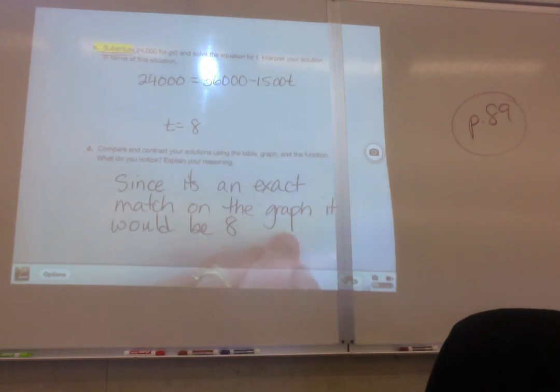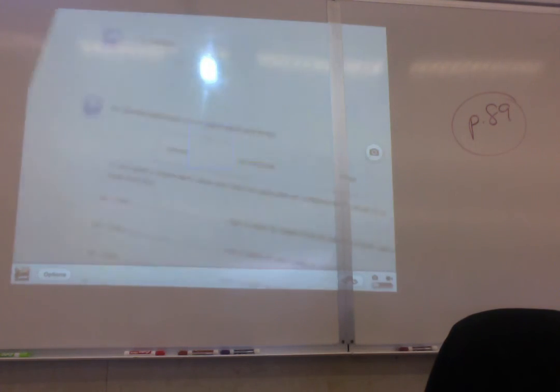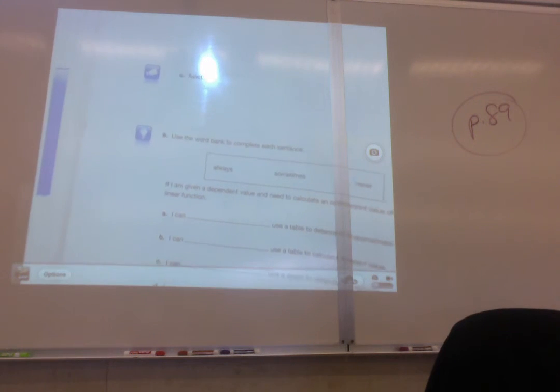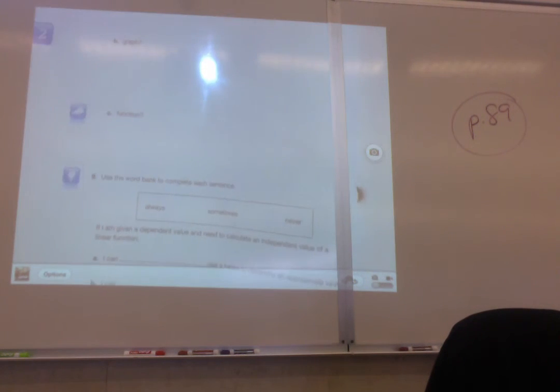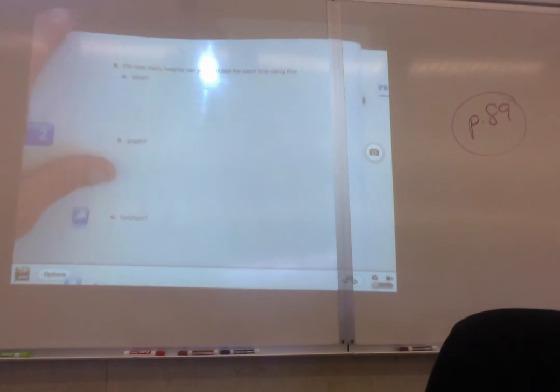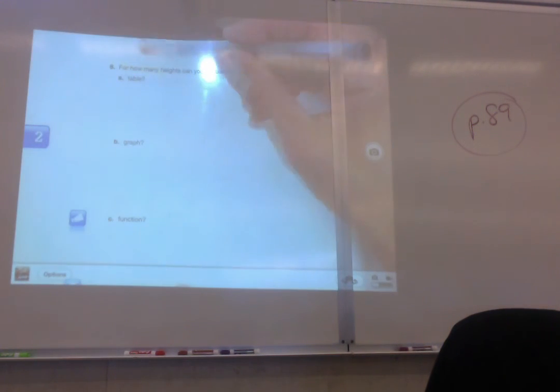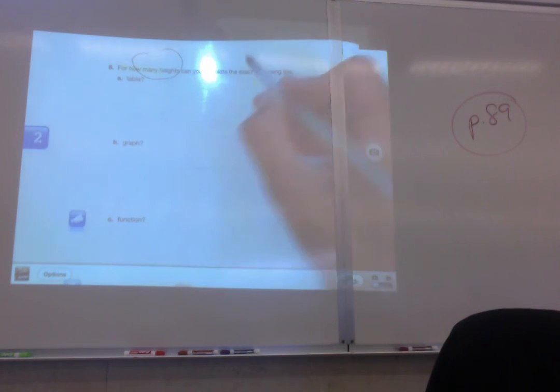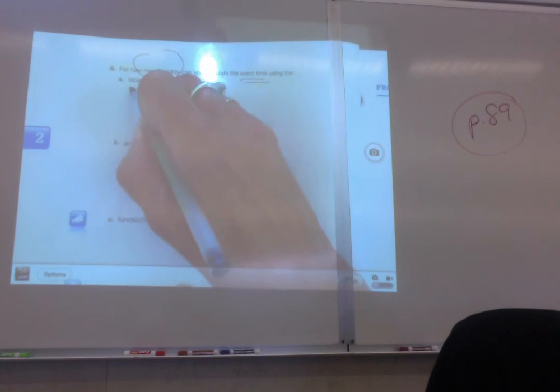Flip the page. In this scenario, for how many heights can we calculate an exact time using the table?